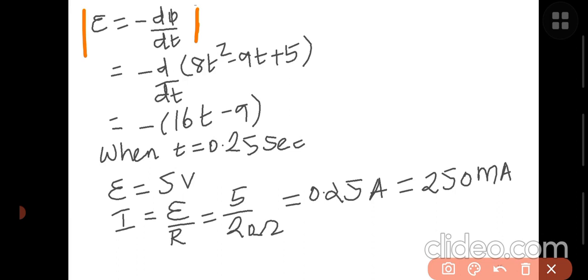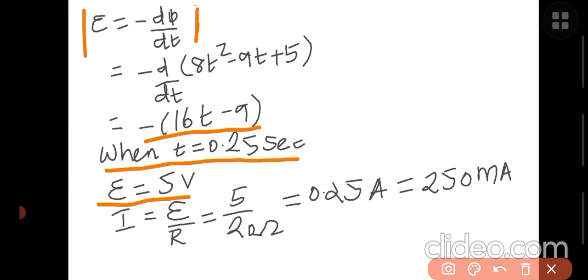Substituting the value of phi, we get minus d by dt of 8t square minus 9t plus 5. Differentiating phi with respect to time, we get induced EMF equal to minus of 16t minus 9. When t equal to 0.25 seconds, E becomes 5 volt.